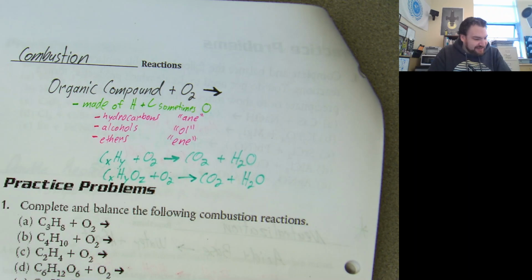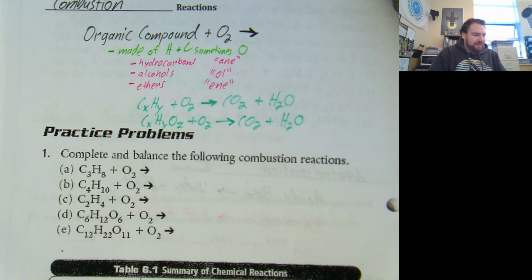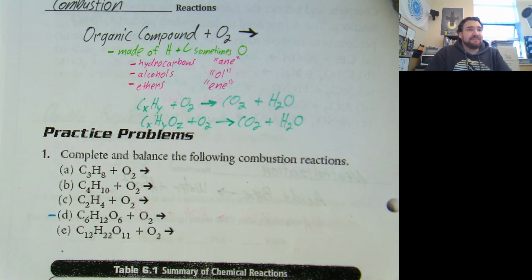Now, an interesting example of this, I've got 5 of them down here. But the one I wanted to draw your attention to here is letter D. Who recognizes that reaction? C6H12O6 plus O2.